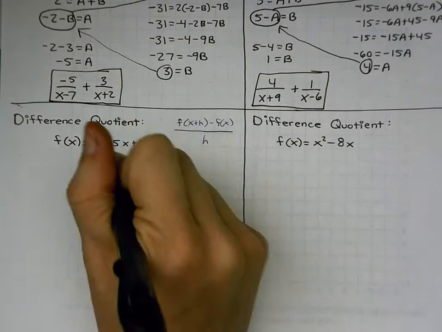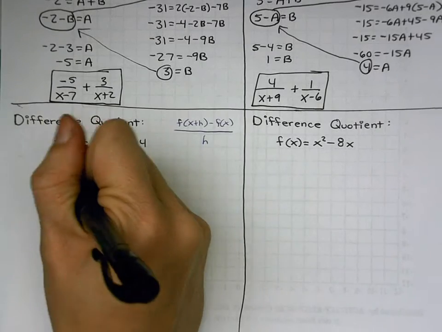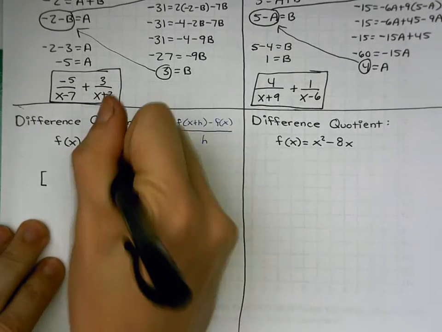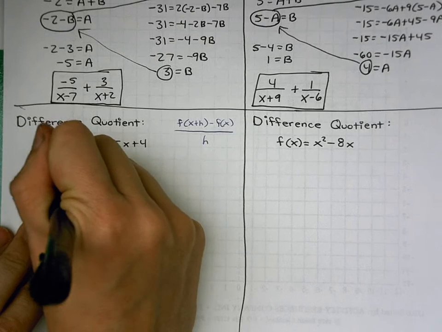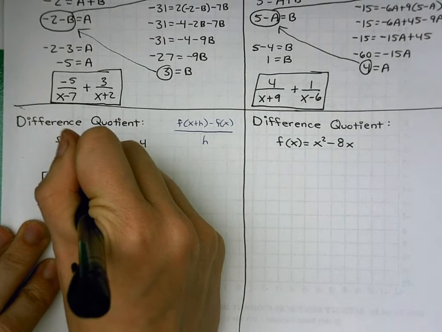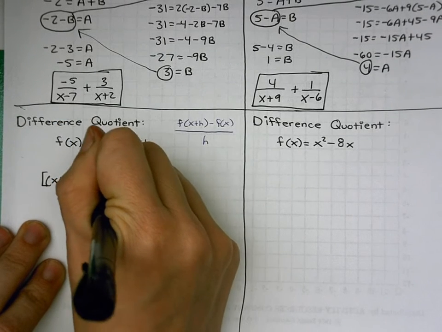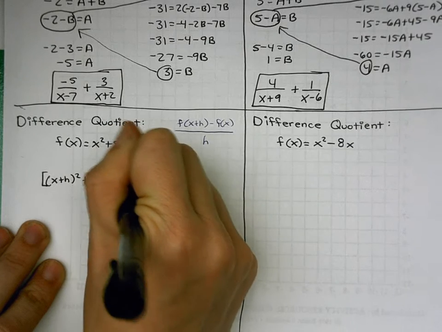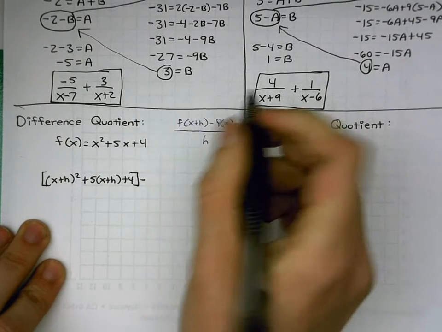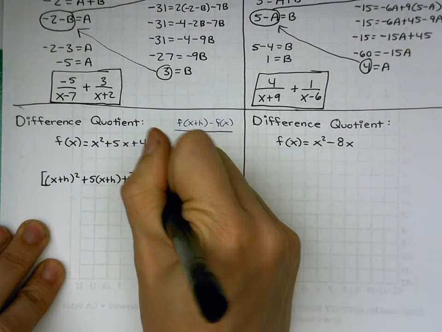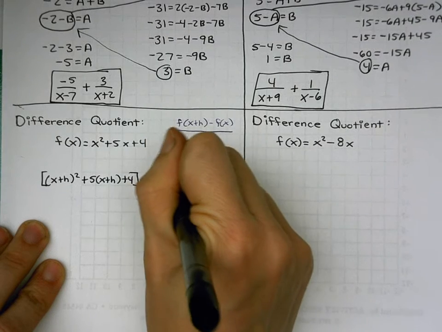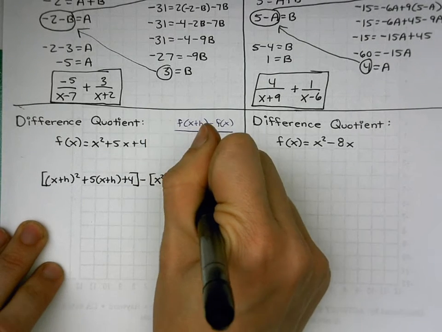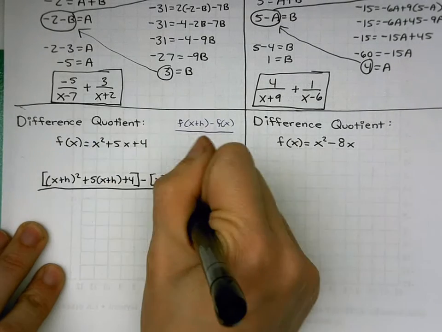Okay, difference quotient, plugging in our x plus h, we would have x plus h squared plus 5 times x plus h plus 4 minus my f of x, which is my x squared plus 5x plus 4, all over h.